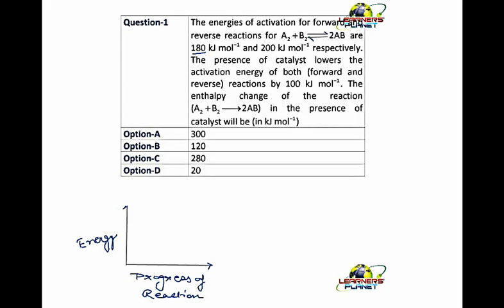So, if I plot a curve, what I'll get, see here, it is your 180 kilojoule per mole, and this is your backward reaction.